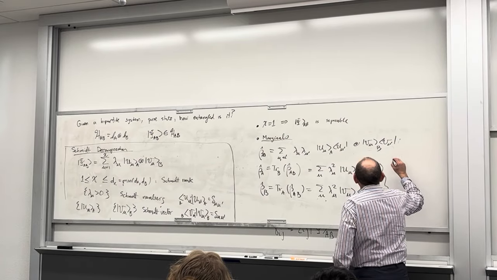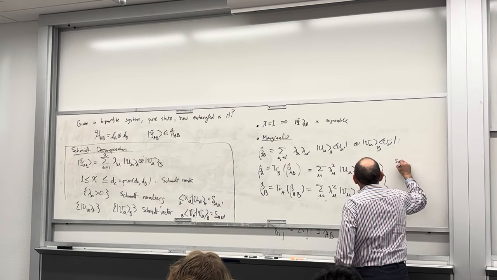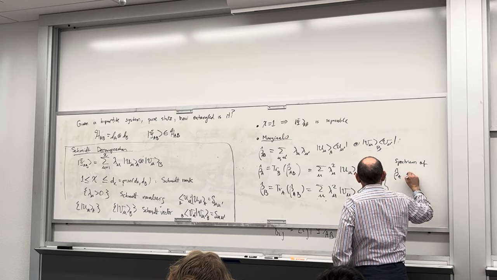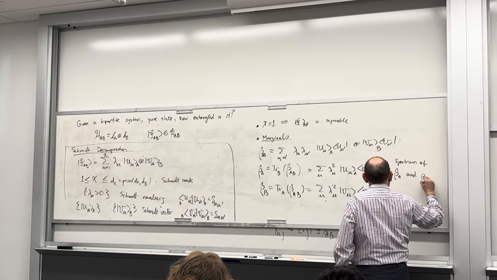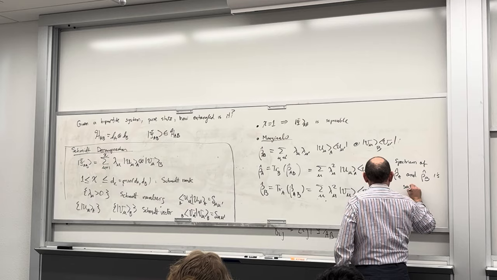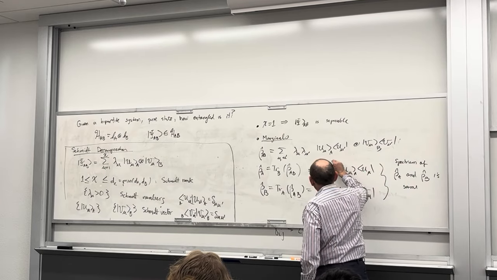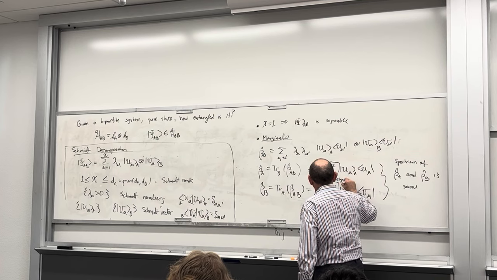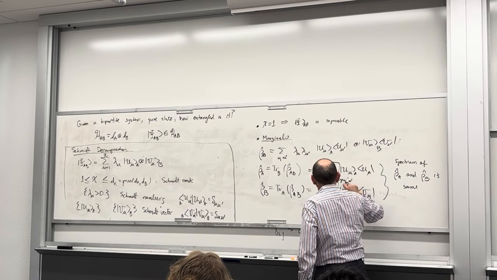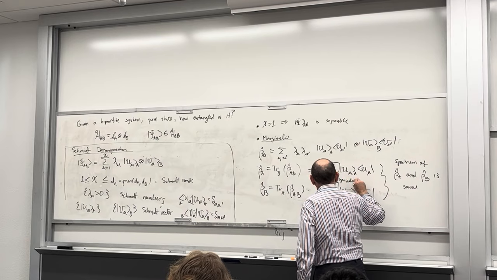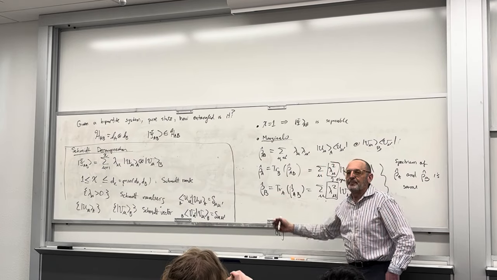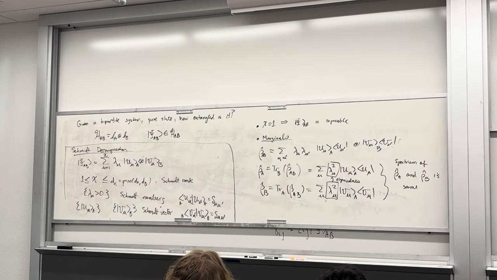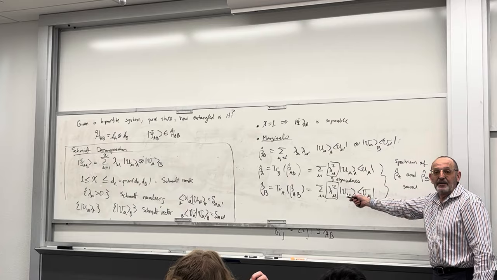One is that the spectrum of the two marginals is the same. The eigenvalues of the density operators of the marginals are the same. The two subsystems have the same spectrum.